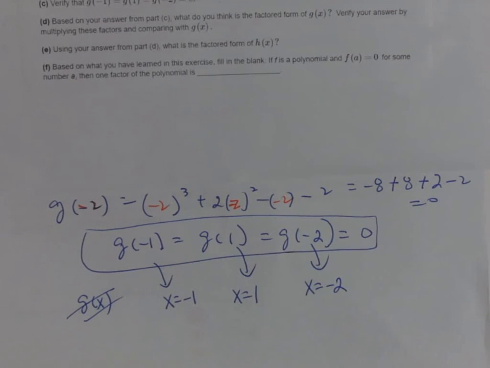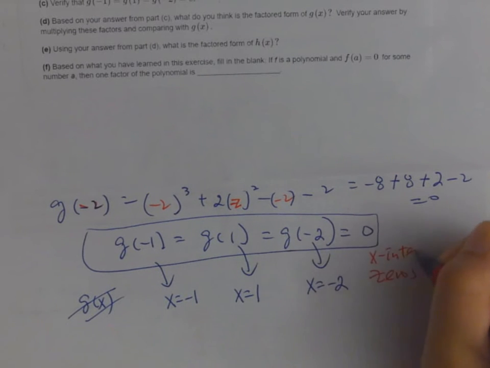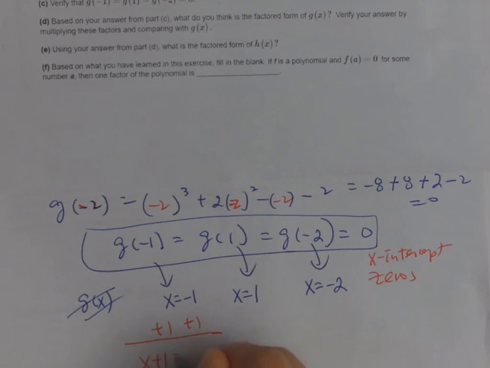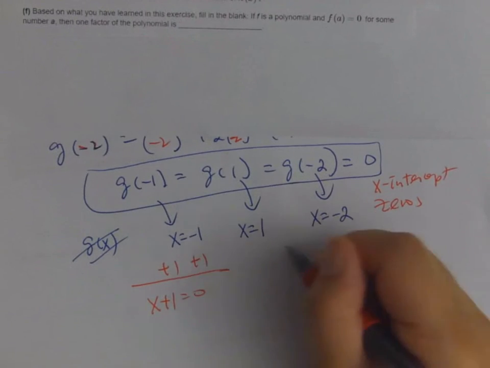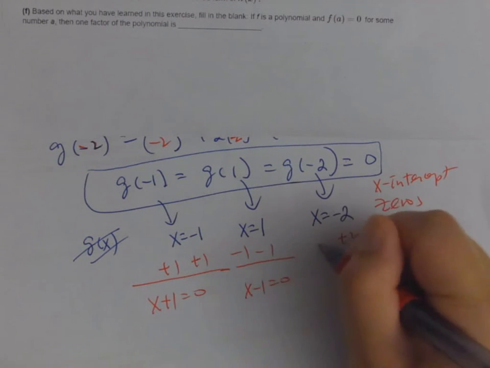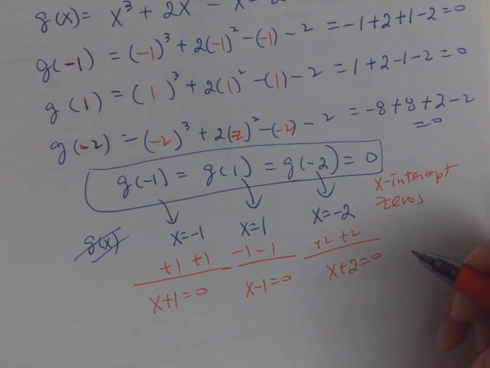These are zeros, x-intercepts, so we can move the number back to the left. Adding 1, x plus 1 equal to 0. Minus 1, so x minus 1 equal to 0. And add a 2, so x plus 2 equal to 0. So we're doing the reverse steps.